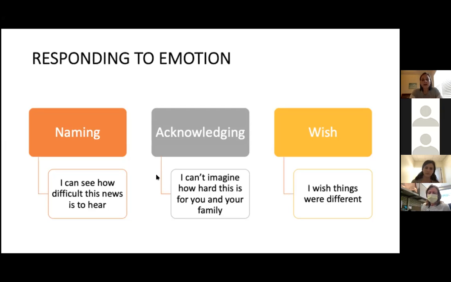And I think being very purposeful about these steps when you're in a more difficult or more emotionally laden setting is even more important.